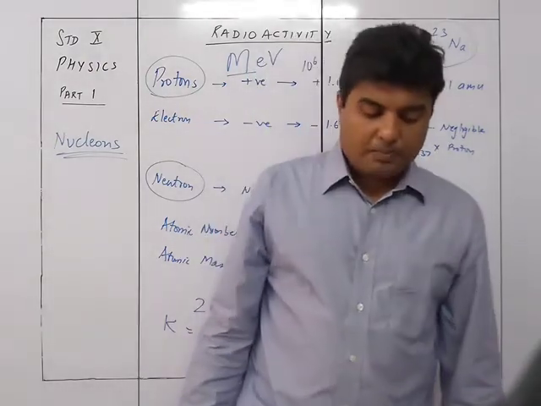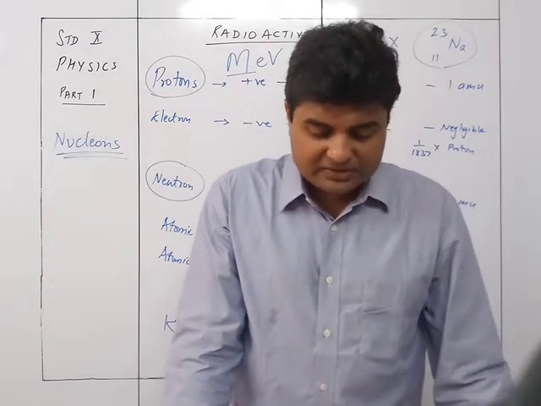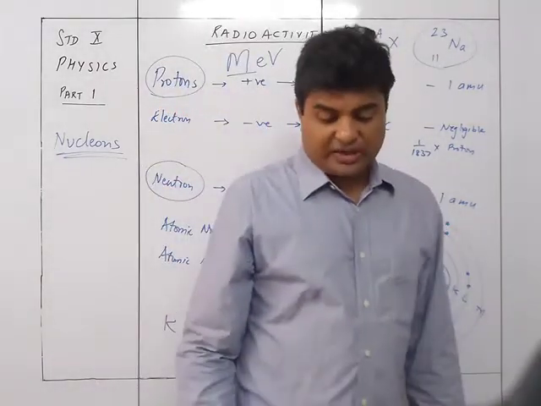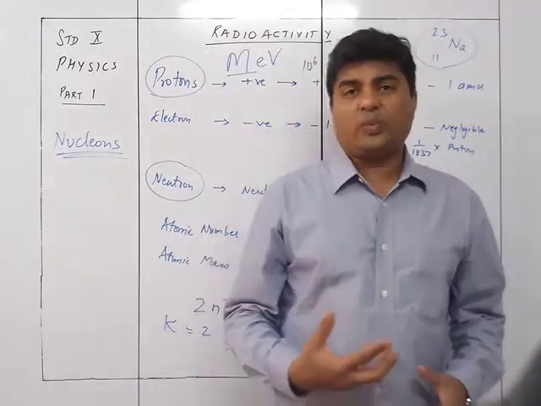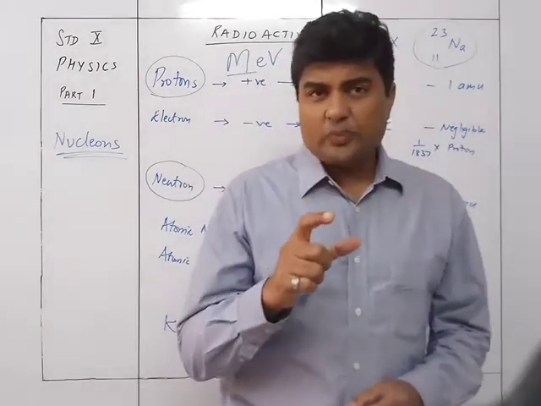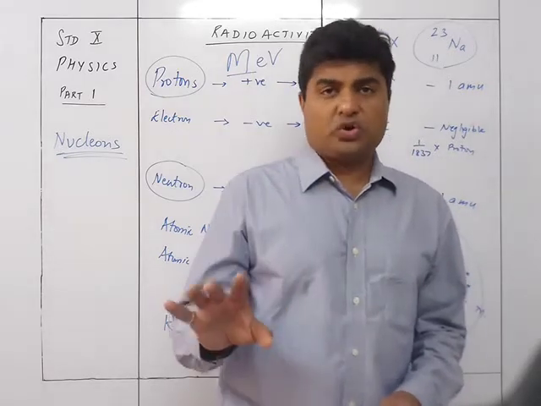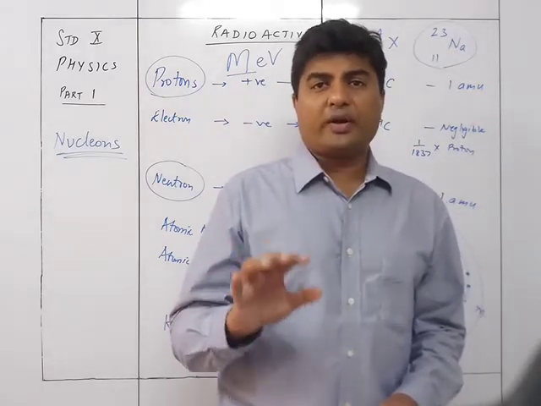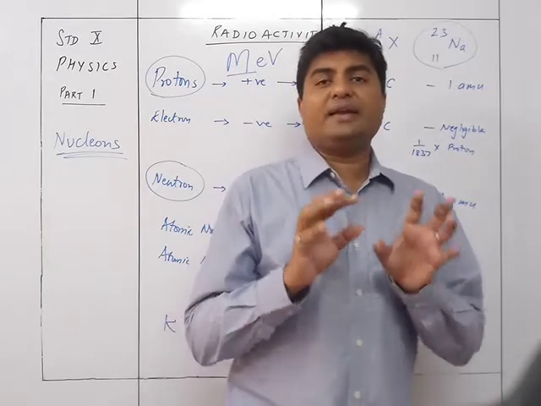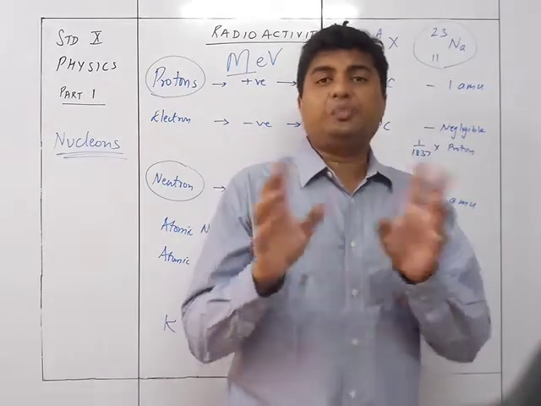Similarly, the sum of the mass numbers of the reactants is equal to the sum of the mass numbers of the products. Whenever a nuclear reaction takes place, there is no way a proton, a neutron or an electron can be destroyed. It is only getting split into two atoms.